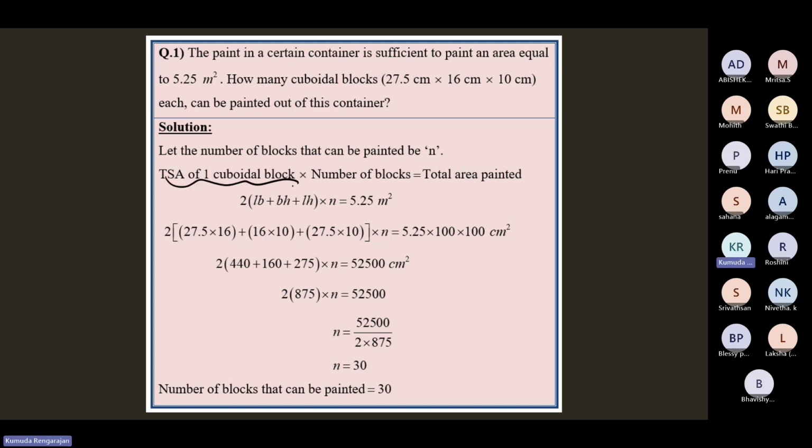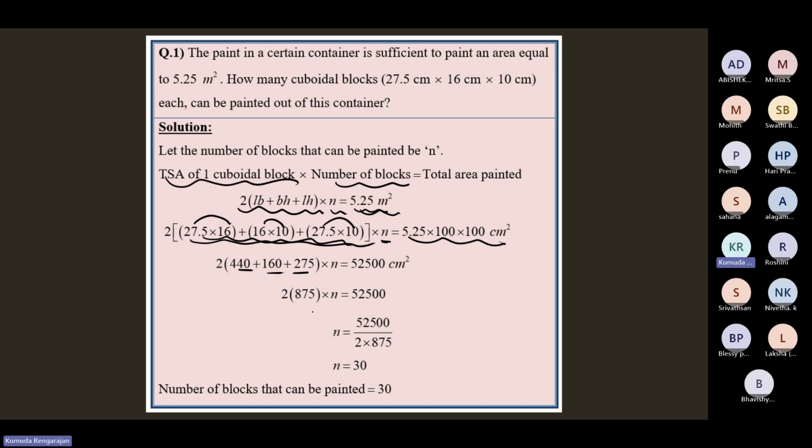So the TSA of one block, 2 of LB plus BH plus LH, into number of blocks n is equal to 5.25 meters square. Now substitute the values. I told you all these are in centimeter, so you need to convert this also to centimeter square. Then find the products.